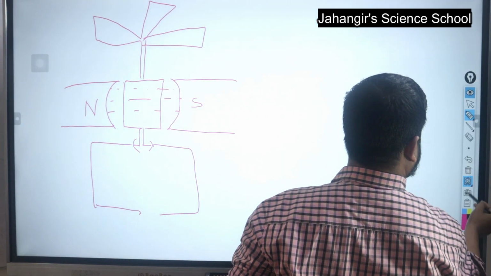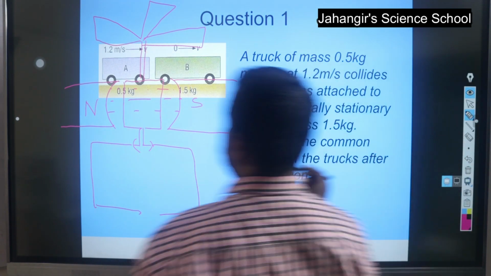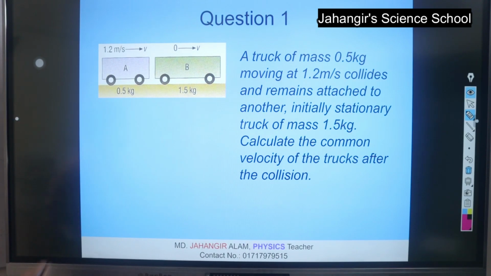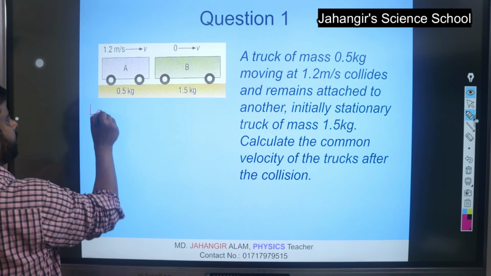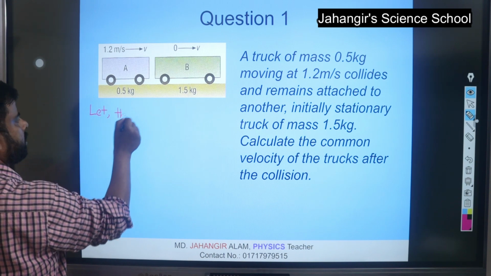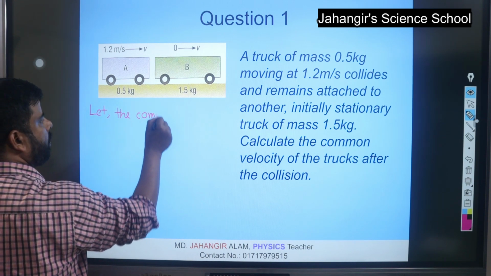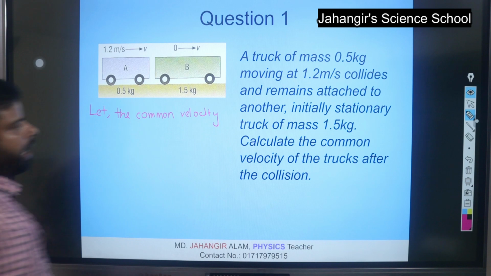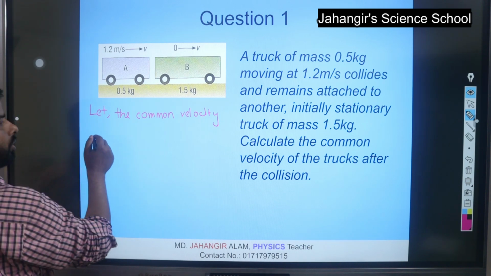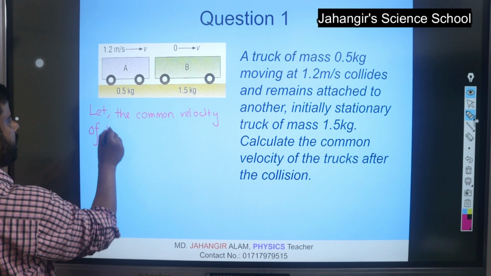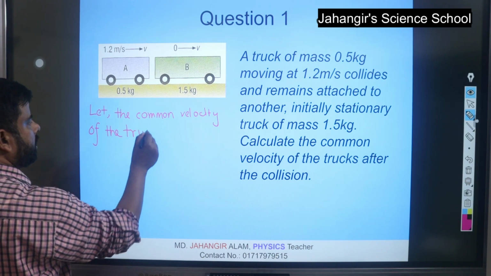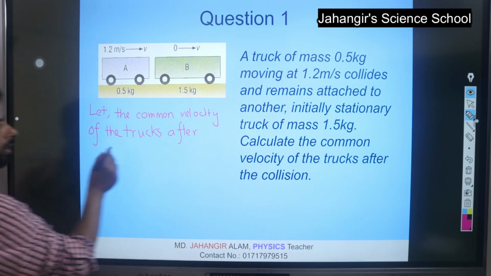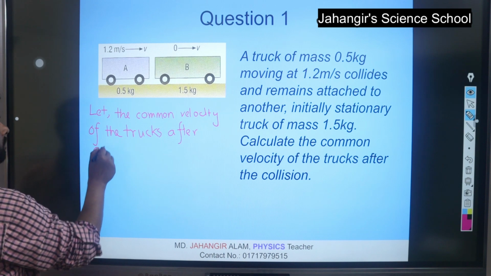So remember the common velocity. Let v be the common velocity of the trucks after collision.